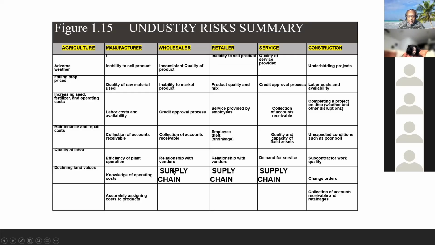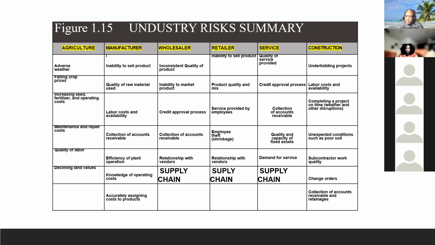And I added this particular item down here because we all have heard of supply chain issues, right? So that's definitely a risk, and it's not just limited to one particular industry. Some will argue, of course, that's an external factor, but the reality is it's a risk, right? That you will have to focus on and find out what it is that the company can do or is doing in order to mitigate that particular risk.